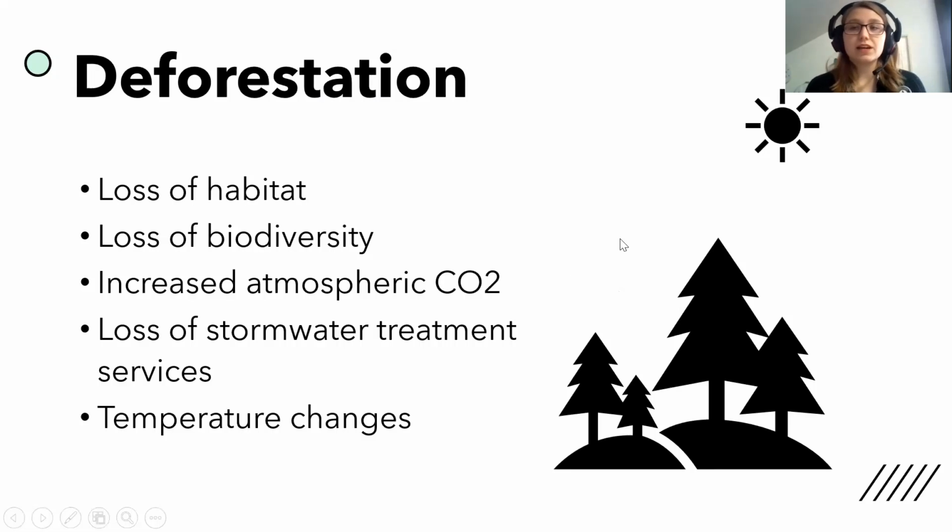But ultimately, there's a lot of consequences to cutting down forest habitat. One of those is that you decrease the amount of habitat available to the local animals. But another aspect is that you are decreasing the ecosystem services that that forest provides, not only to the animals that live there, but to us as people.